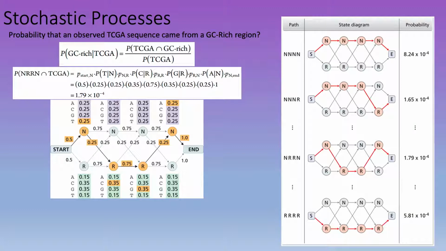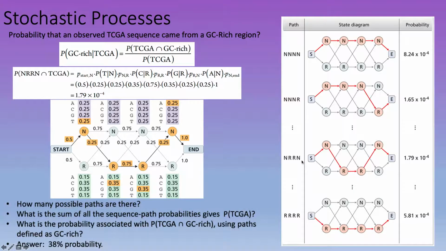I can't just look at this one path. I have to figure out what proportion of the probability of TCGA intersects with going through GC-rich. And so I will calculate the probability of each of these possible combinations independently.